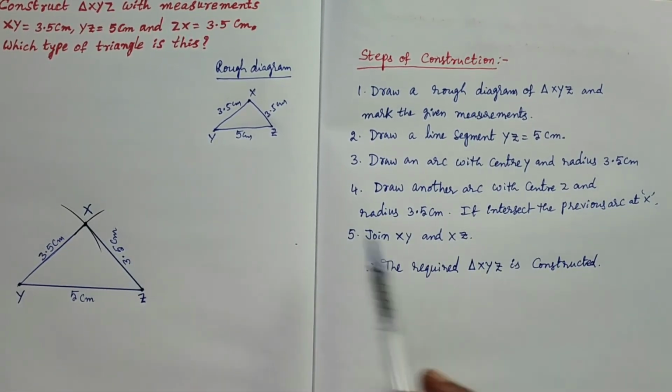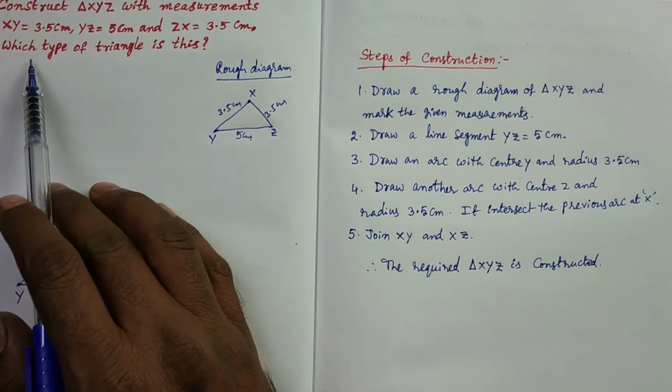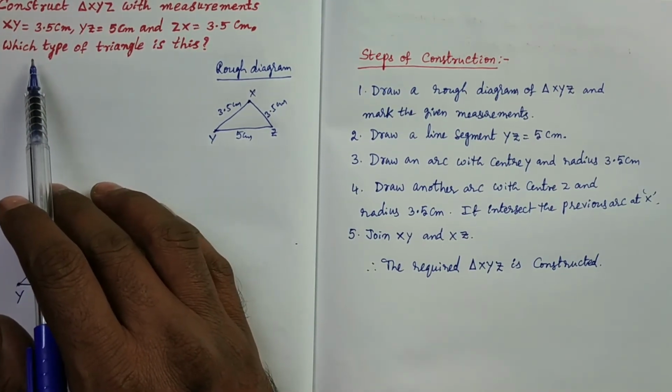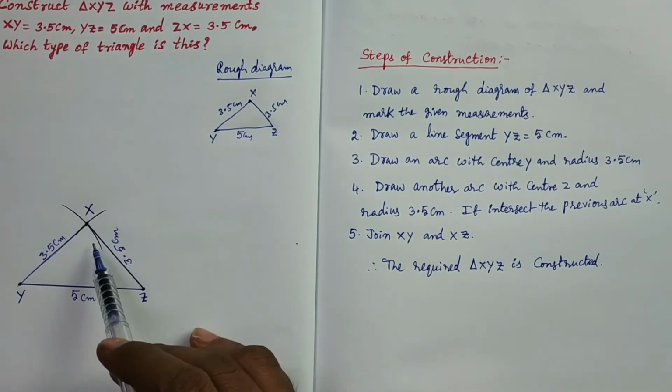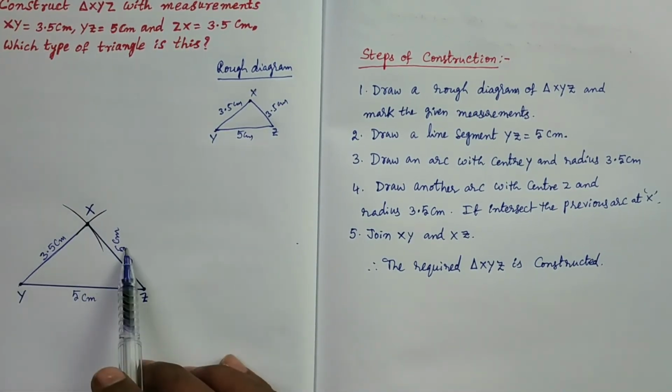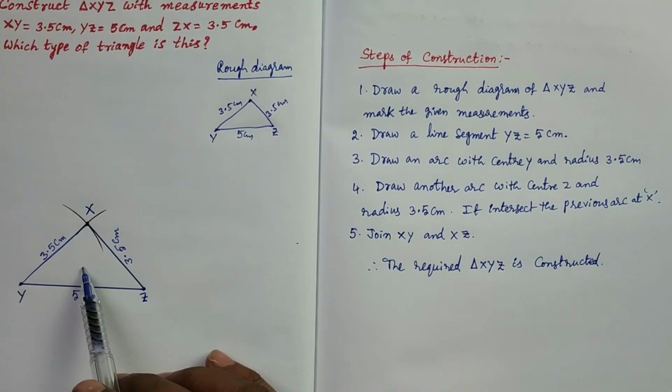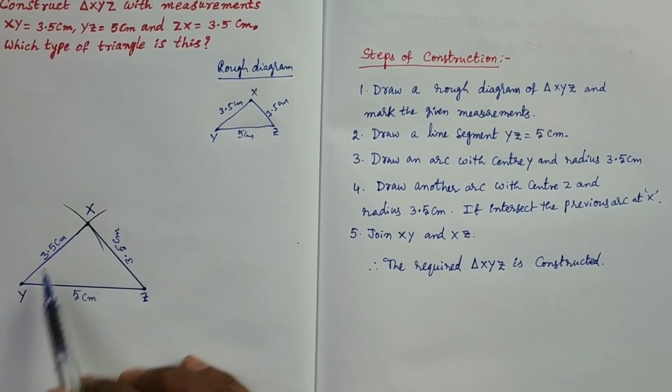The solution is not finished. In this question, already one question is given: which type of triangle is this? Observe this triangle here. Two sides of the triangle are equal. So this is an isosceles triangle.